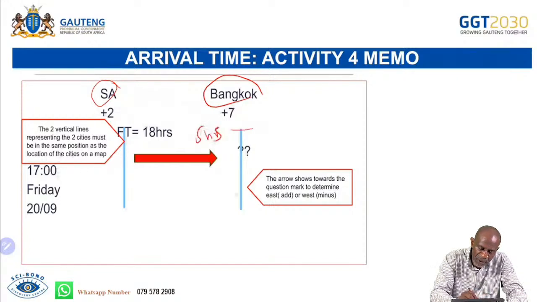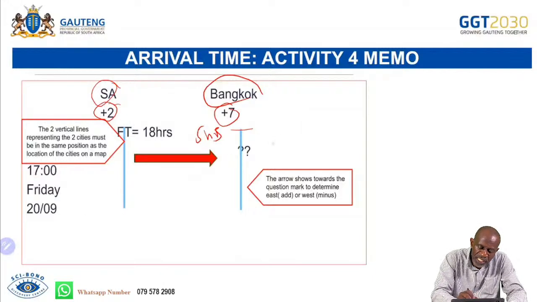So these are our vertical lines. It says determine the two vertical lines, the +2 and the +7, representing the two cities, which must be in the same position as the location of the cities. Now we have plugged in our two longitudes, +2 and +7, and we are given the time in South Africa, which is 17 hours on Friday, the 20th of September.